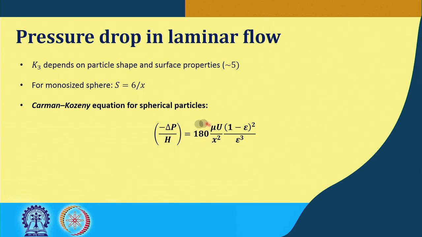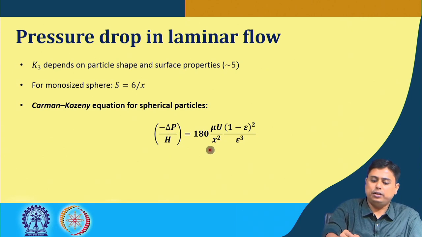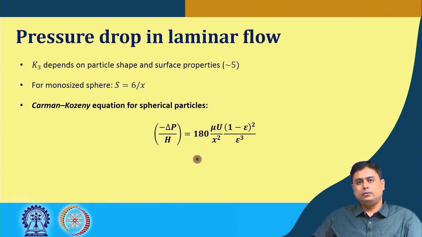We get 180 multiplied by this factor, mu u (1 minus epsilon) squared by epsilon cubed, divided by x squared that is already there. This is again a famous form of the Kozeny-Carman equation for spherical objects, monosized spherical objects, laminar flow.